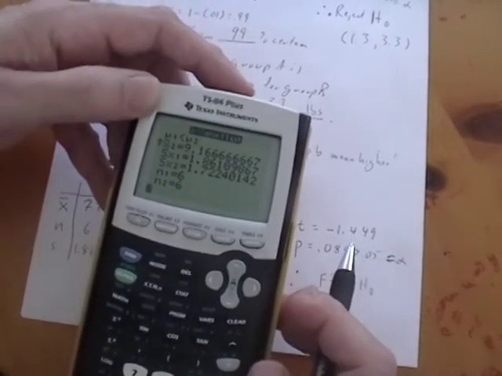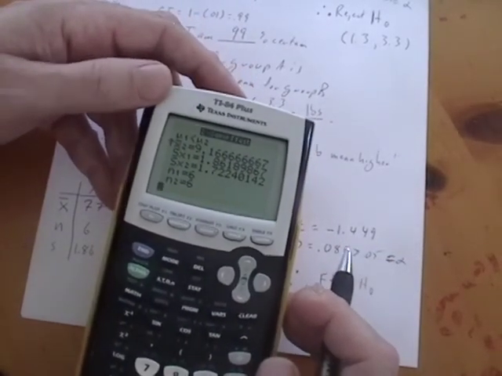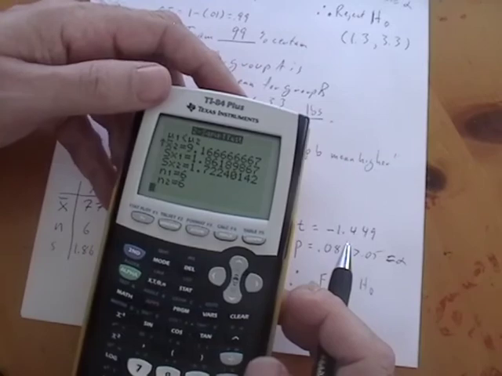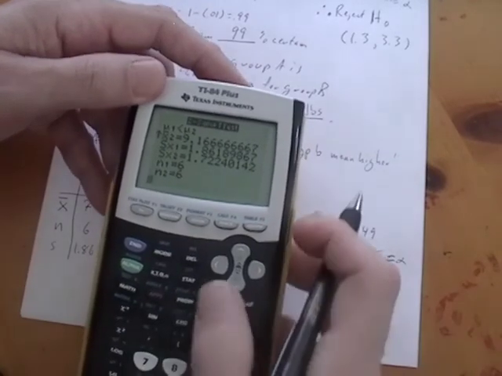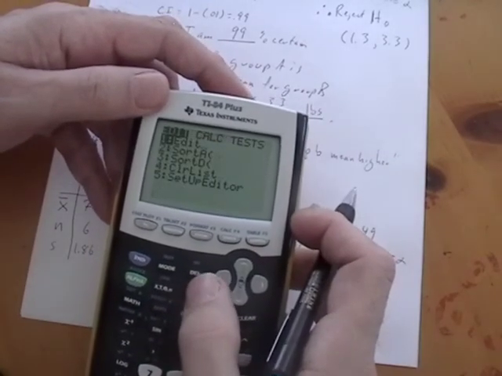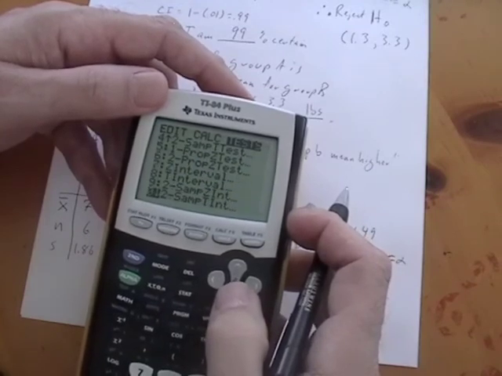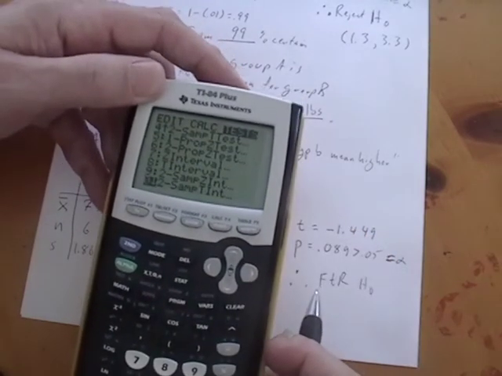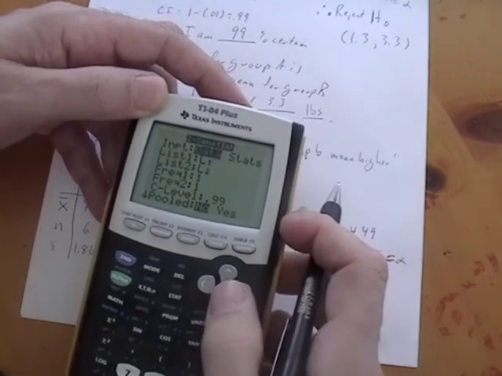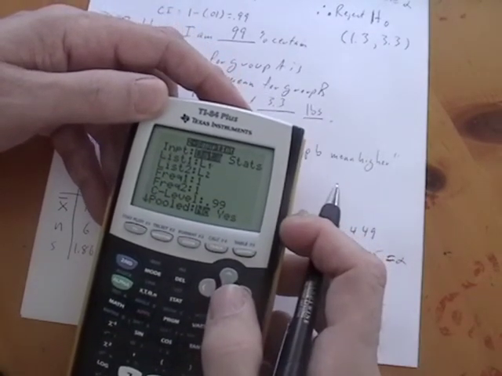Just to show you something though, and because my stat lab often will ask the question this way, I'm going to go stat, test, and I will show you what would happen with the 2samp_t int. Now the input is coming from data. I've got list 1, I have list 2.